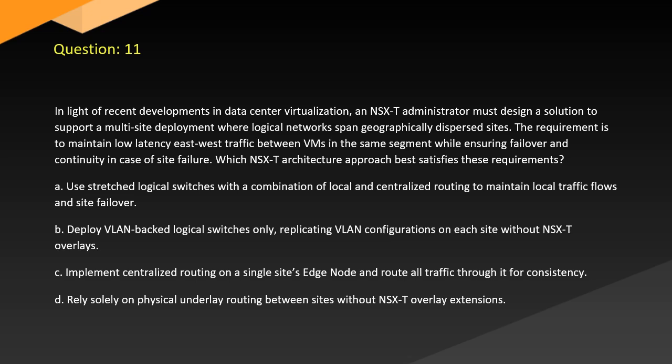A. Use stretched logical switches with a combination of local and centralized routing to maintain local traffic flows and site failover. B. Deploy VLAN-backed logical switches only, replicating VLAN configurations on each site with the NSX-T overlays. C. Implement centralized routing on a single site's edge node and route all traffic through it for consistency. D. Rely solely on physical underlay routing between sites with the NSX-T overlay extensions.